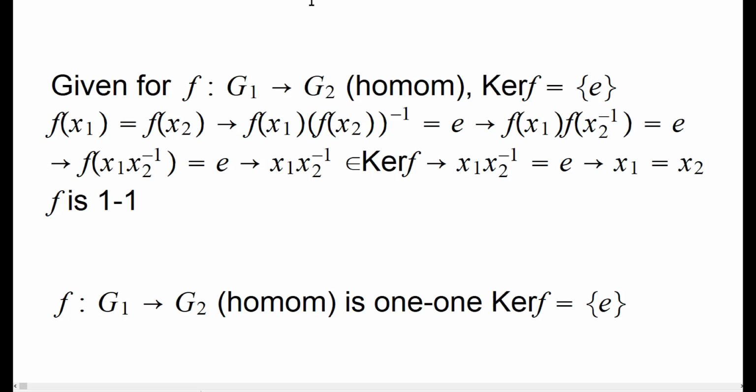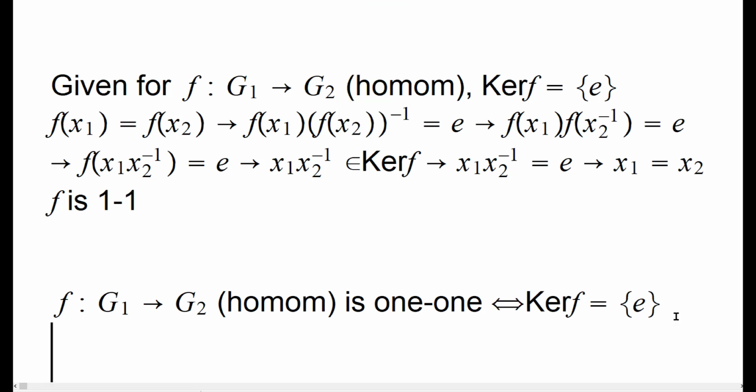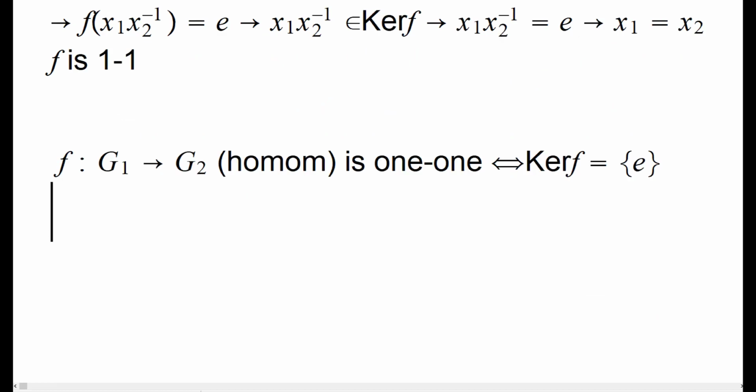We showed both the implications on both the sides. So we just showed that it is 1-1 if and only if the kernel of f is what? The identity. So let's just go ahead and look at the kernels in some of the examples that we took up while defining a homomorphism. Okay.